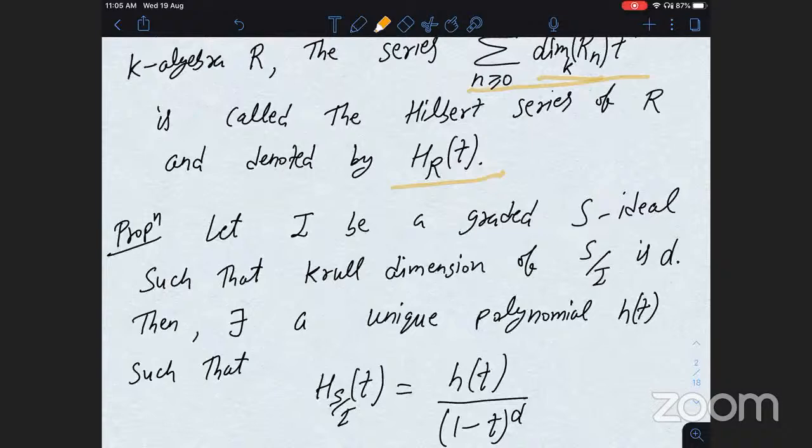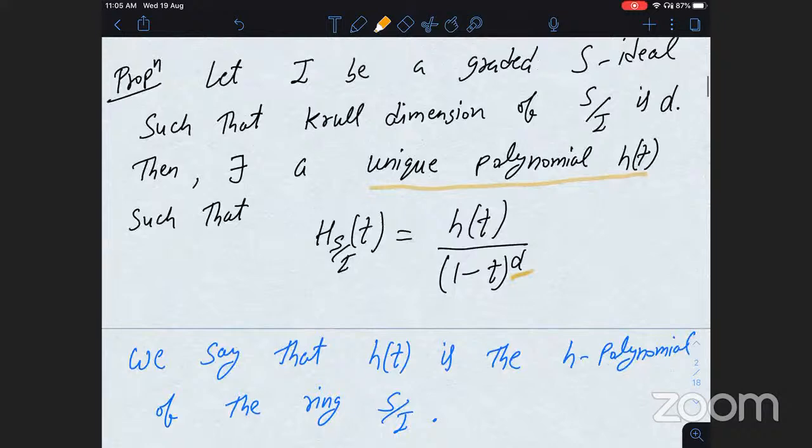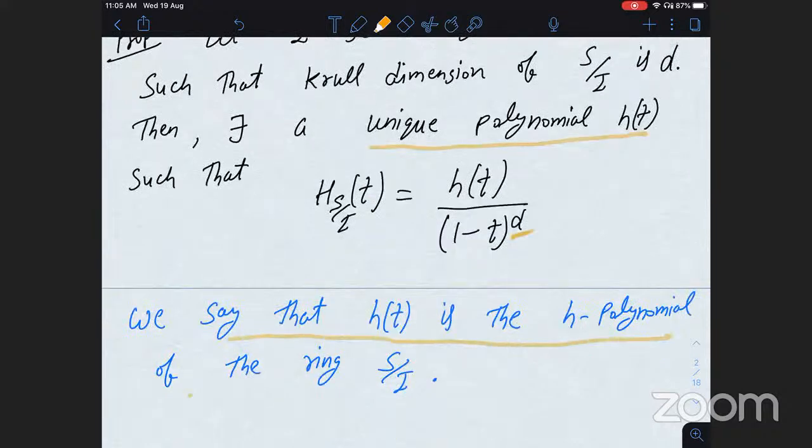Then there exists a unique polynomial h(t) such that the Hilbert series of S mod I is h(t) over (1 minus t) to the power d, where d is the dimension of the ring S mod I. The numerator h(t) of this quotient, we call the H polynomial of the ring S mod I. From now onwards, I'll just say dimension of a ring, by which I mean the Krull dimension of the ring.